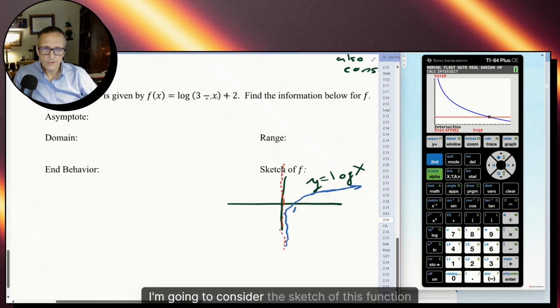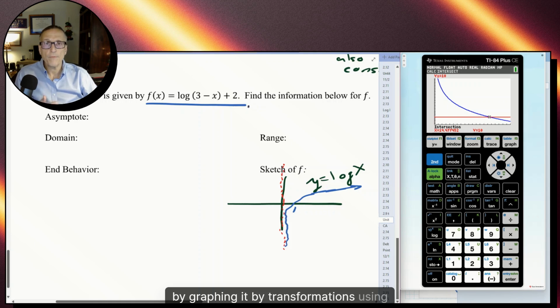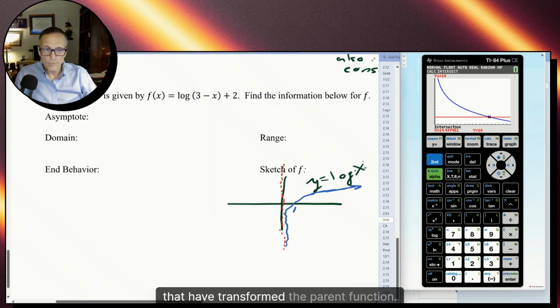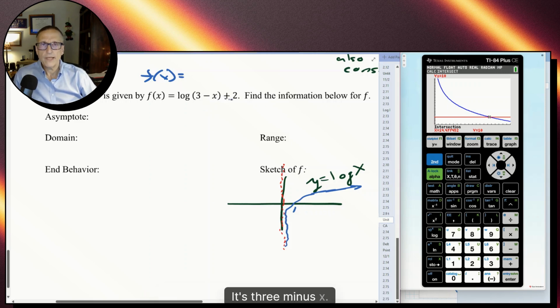Therefore, I'm going to consider the sketch of this function by graphing it by transformations of the parent function. Now, I am going to rewrite this because there's stuff going on inside the argument of the logarithm. It's 3 minus x.